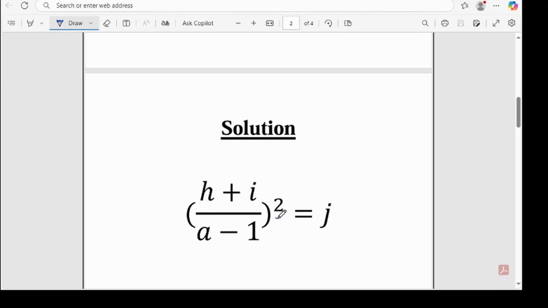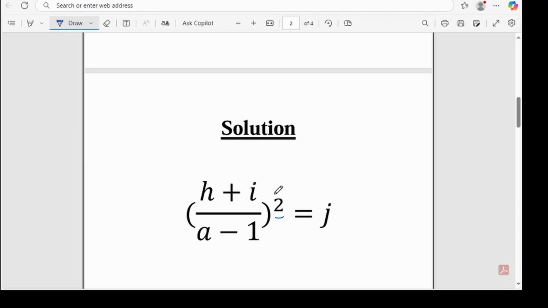The entire relation, which is the base, has an exponent or a power, which is 2.